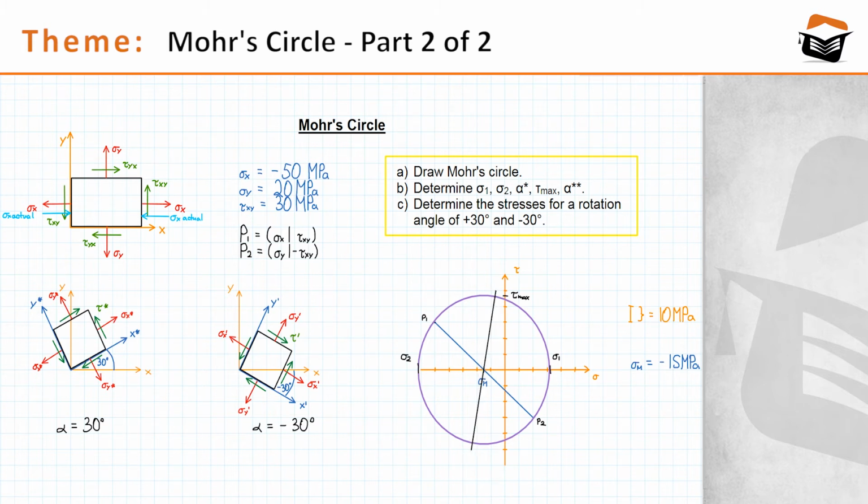And the intersections between the new line and the perimeter will be labeled as P1 star here and P2 star here.